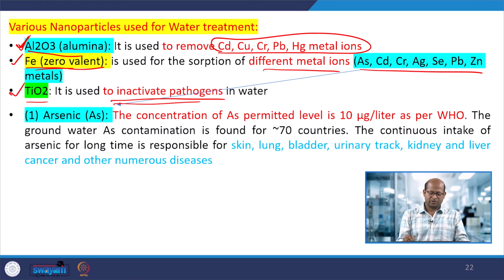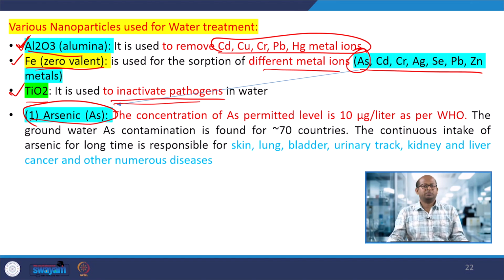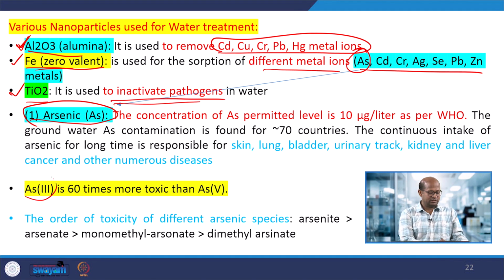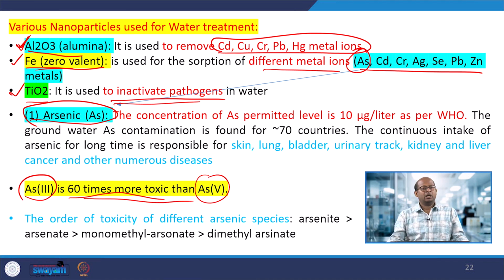If you want to separate arsenic, it may be present in water in the plus 3 and plus 5 oxidation states, both. Plus 3 is 60 times more toxic than arsenic plus 5.